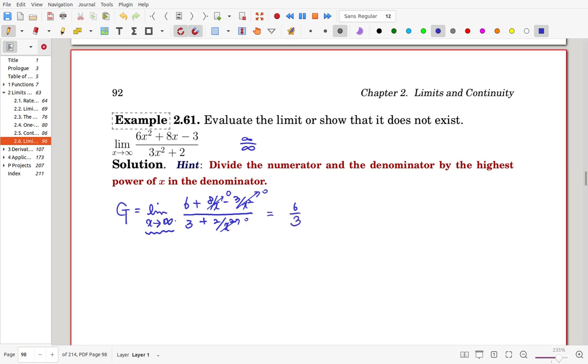As x approaches infinity, it happens that the limit is 2. So we can say y equals 2 is a horizontal asymptote. As x approaches minus infinity, the same will happen: the function value approaches 2.